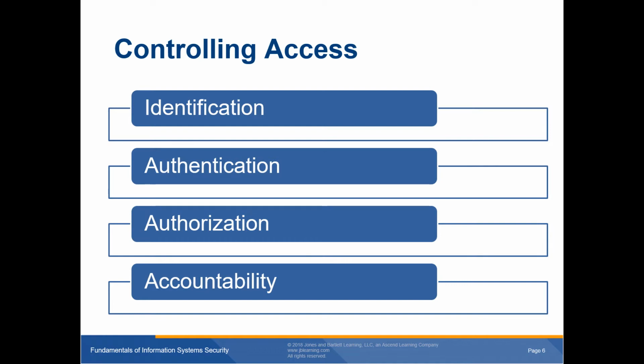A lot of banks and credit cards do that in order to ensure security. Authorization, the permissions a legitimate user or process has on the system. And accountability, tracking or logging what authenticated and unauthenticated users do while accessing the system.